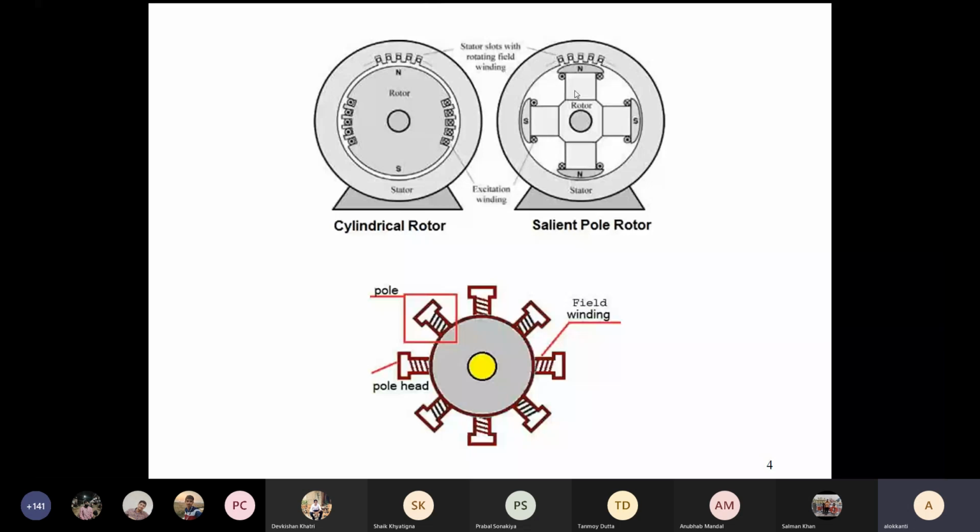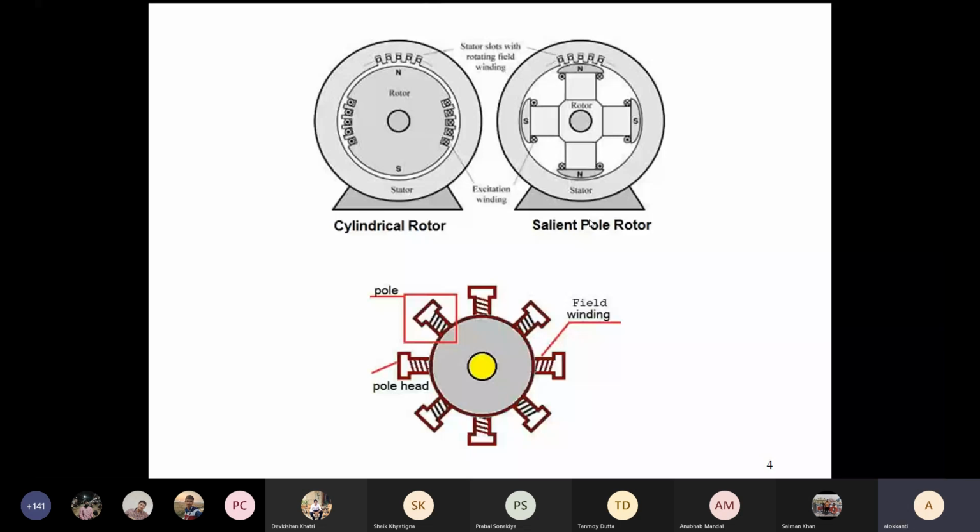This structure on the right side is not cylindrical in shape. It looks like a cross, like a plus sign. This rotor is not cylindrical, so it is called a salient pole rotor, as if the poles are projected out. And the rotor is moving.